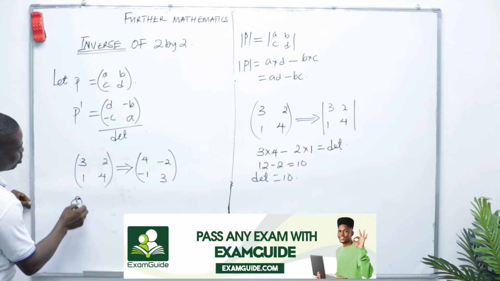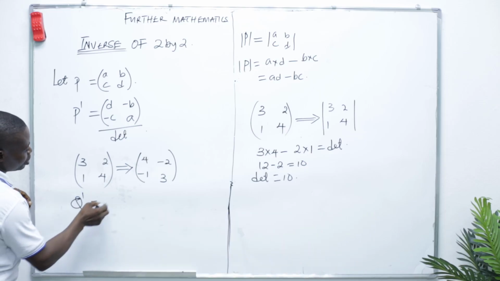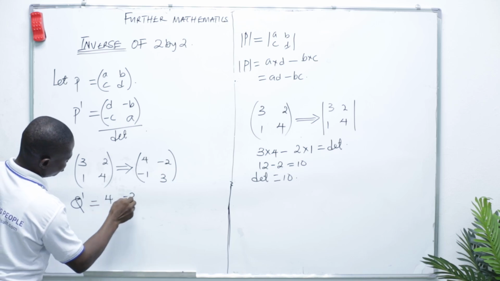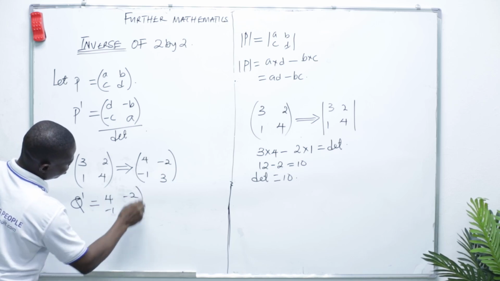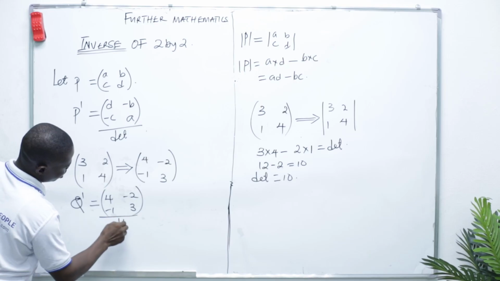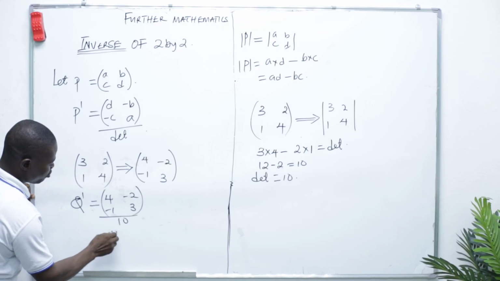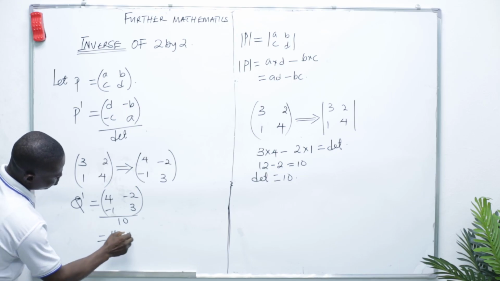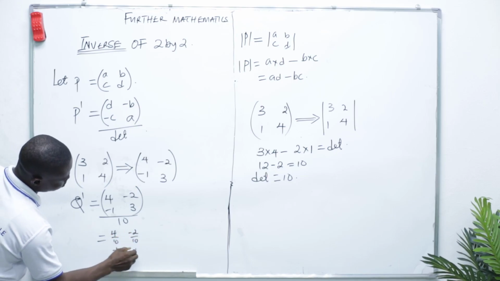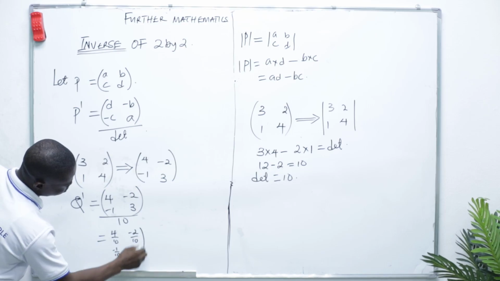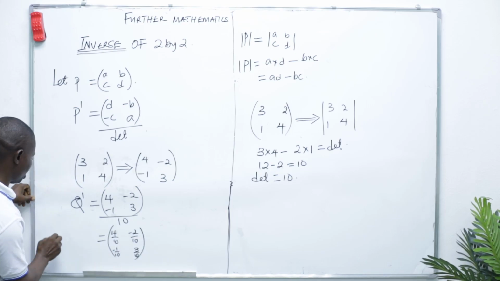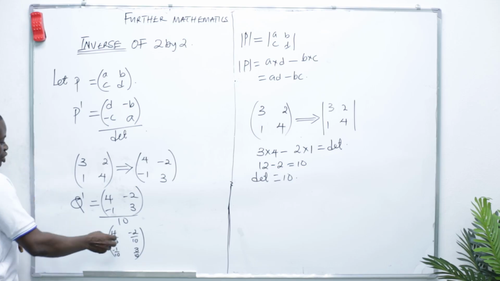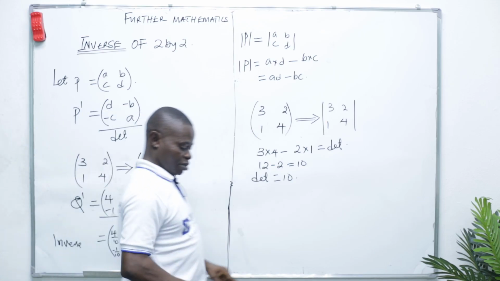Let's assume that matrix is Q. Q inverse equals this switched matrix all over the determinant, which is 10, meaning 4 over 10, minus 1 over 10, minus 2 over 10, then 3 over 10. This is the inverse of the 2 by 2 matrix.